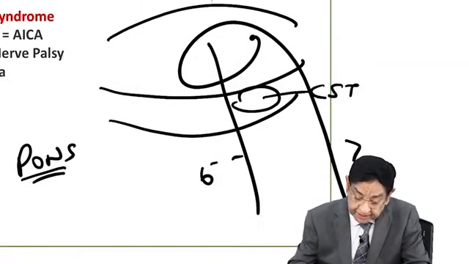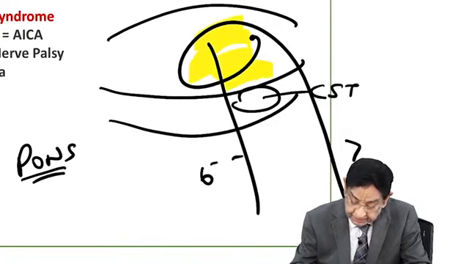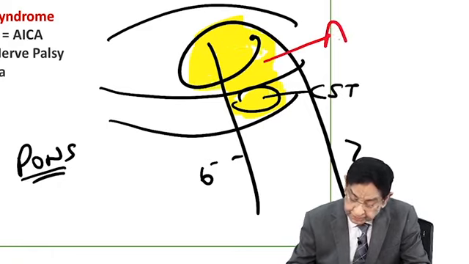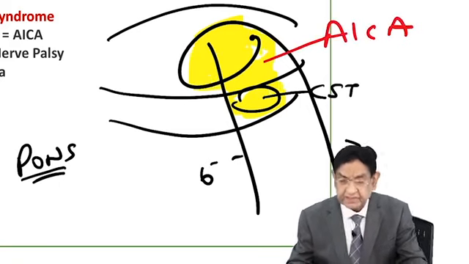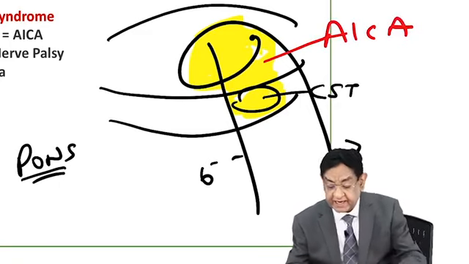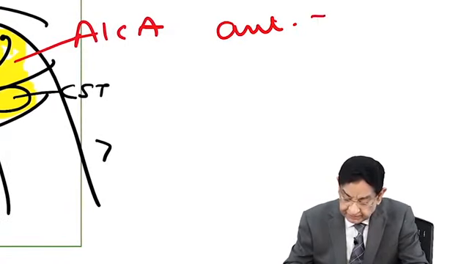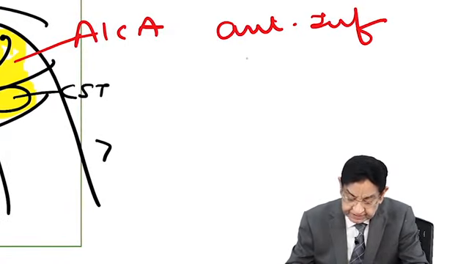Now this part of the brain is supplied by AICA. The previous one was PICA. This AICA is anterior inferior cerebellar artery.